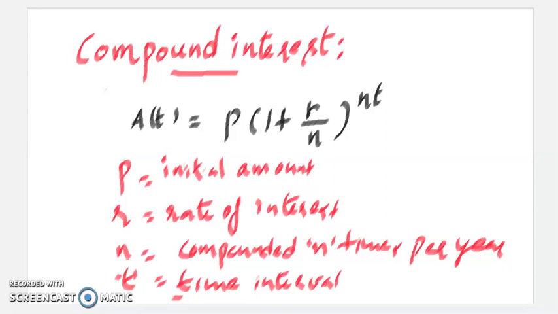Sometimes compound interest can be calculated continuously, meaning infinitely large.